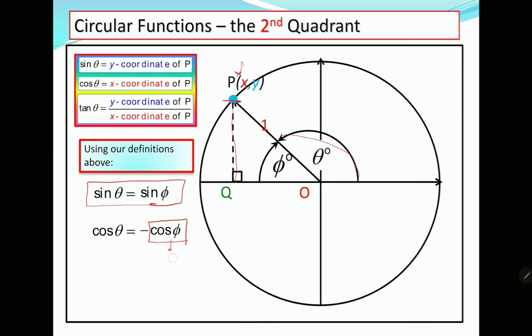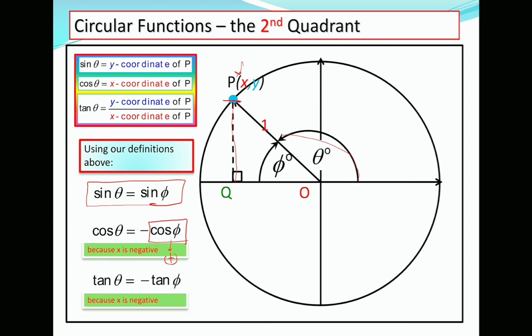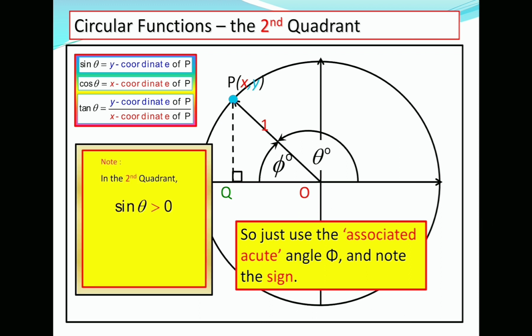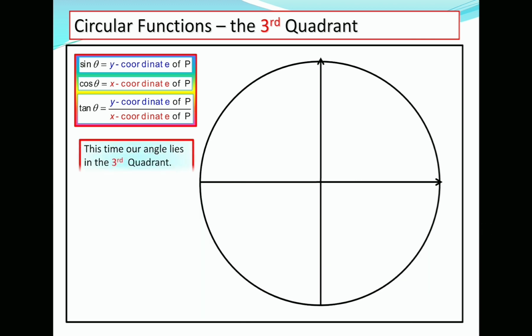Similarly, tan theta will be minus of tan phi as x is negative. So in the second quadrant, sine is positive, cos is negative, and tan is negative.